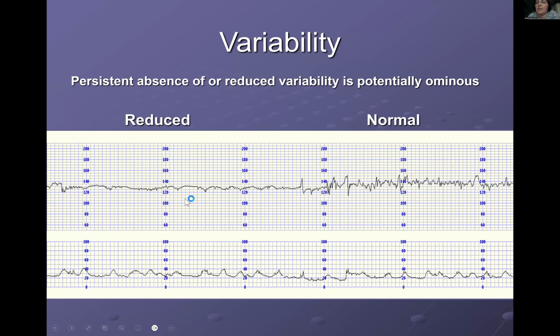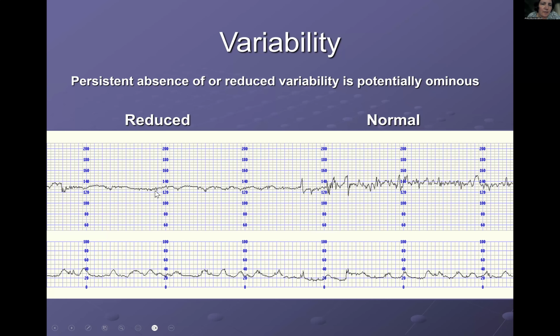Of course, if in your unit the CTG is a bit different, ultimately even if it's a bit different, the trace is the same. And if you compare this normal variability with this variability here, this is reduced variability. So you might tell me, how come the same trace first was reduced and then it was normal?